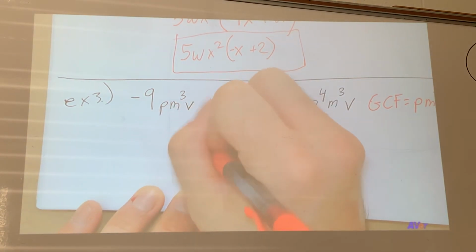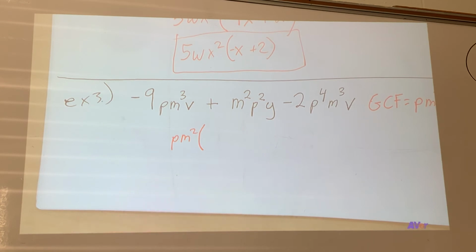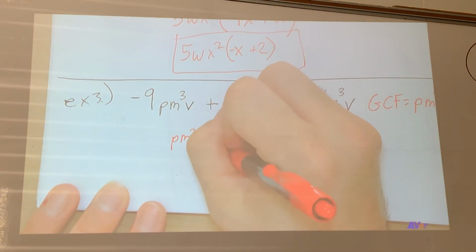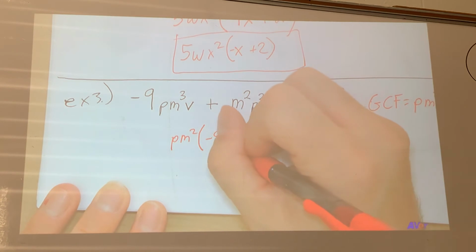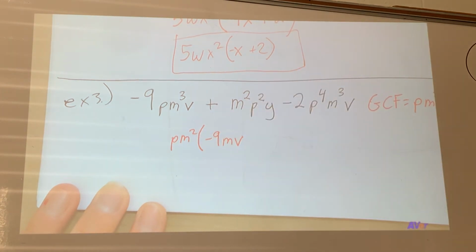All right, let's write our PM squared times. All right, Lucas, what is left once you factor out PM squared from this term here? Negative 9 MV, correct. Good job, Lucas. All right, Joffrey, what's left after you factor out PM squared from the middle term?